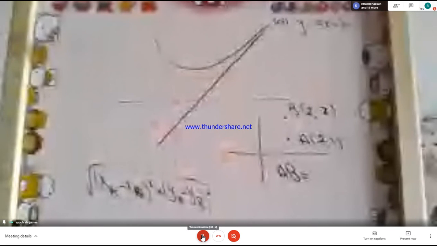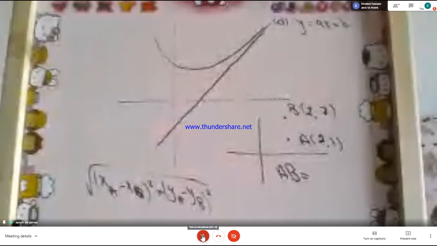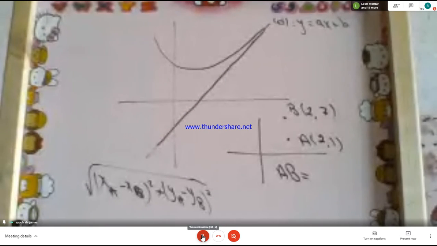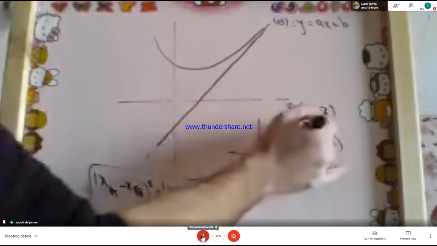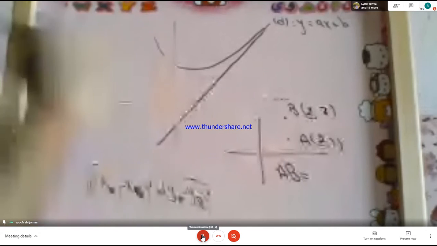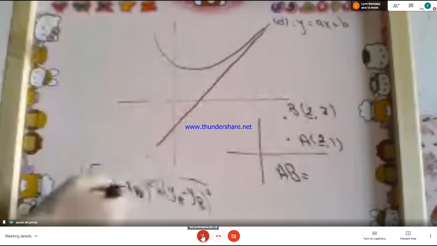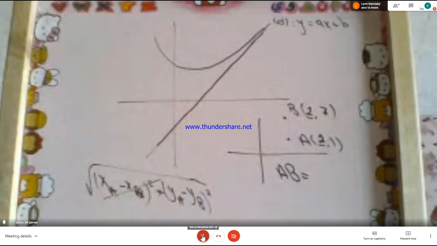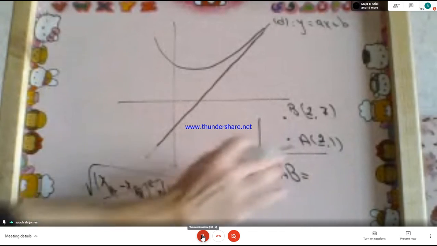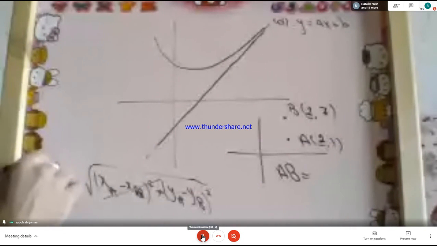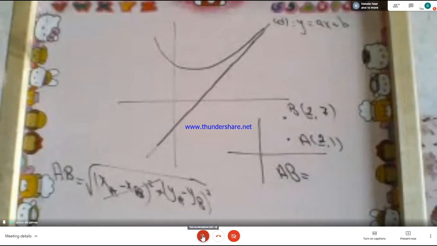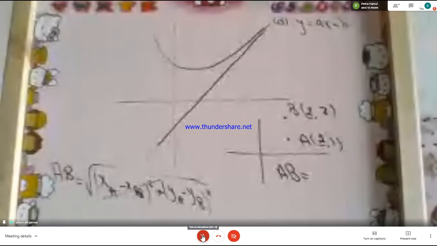If you are going to find it here, XA minus XB, what's the value? It's 0, because they have the same X, the same abscissa. Sir, what is this radical? This is the distance formula between 2 points A and B, what we studied in grade 8.